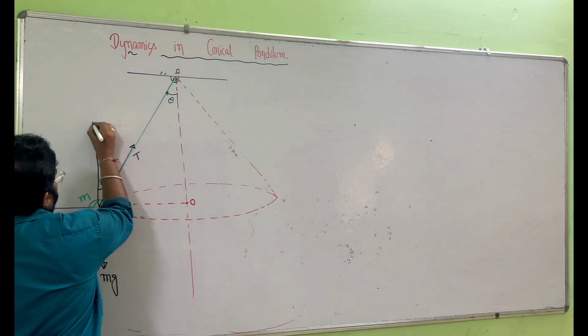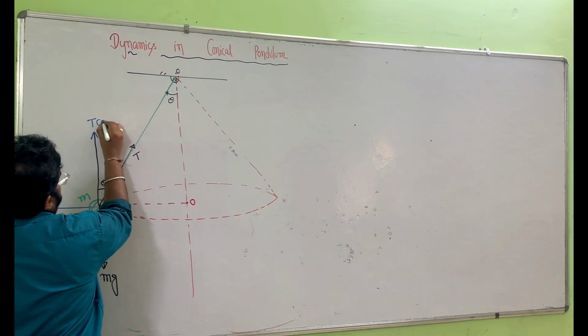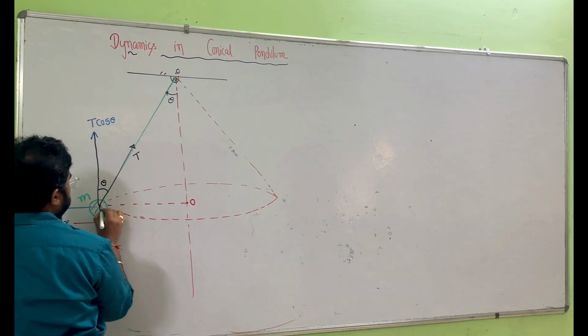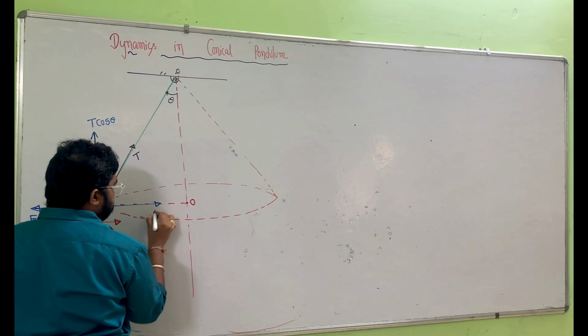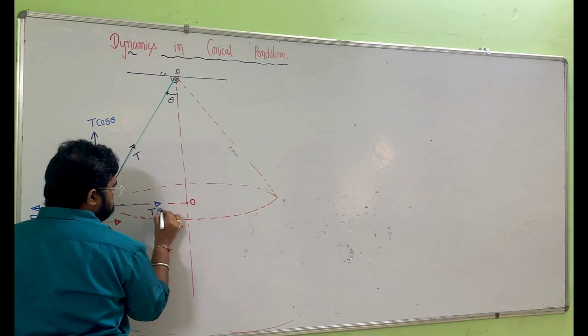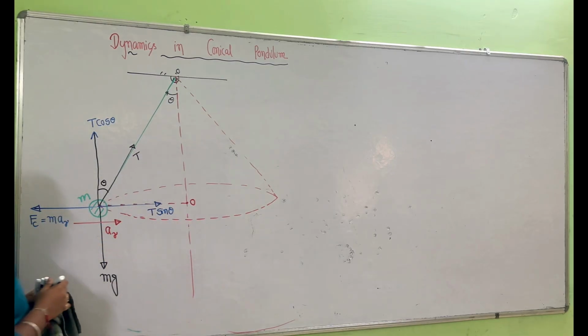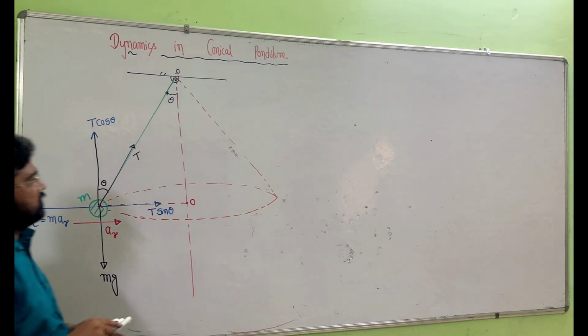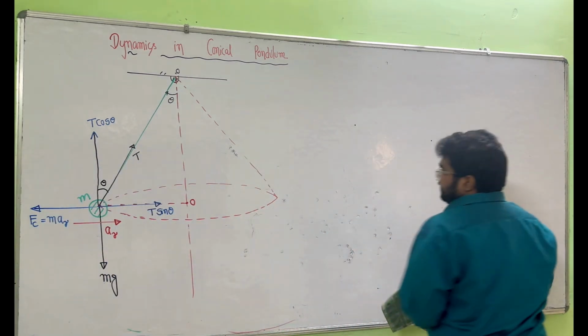So we can resolve the tension. What will you get? T cos theta vertical, T sin theta horizontal. Okay? Draw, recreate this.